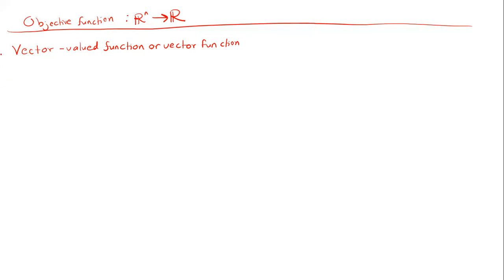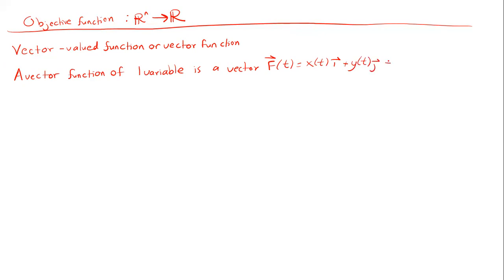But we could say that a vector function of one variable is a vector f of t equals x of t i plus y of t j plus z of t k. And the reason it is a function of one variable here is that you can see that this t is a scalar.